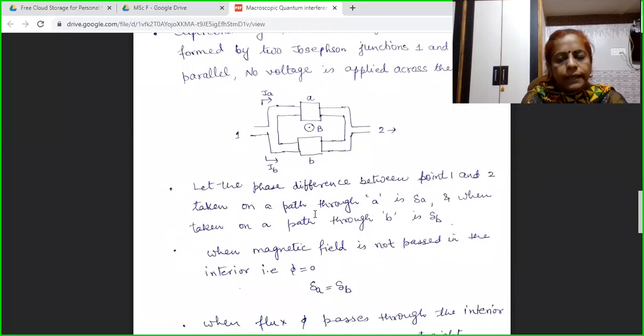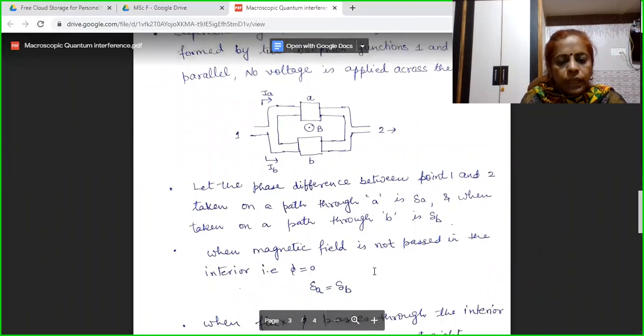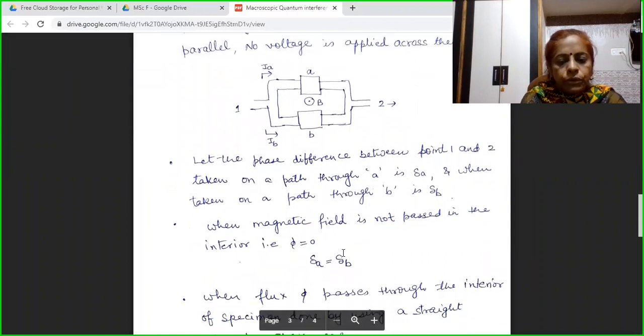That means no magnetic field is passed, hence magnetic flux will be zero. So flux is zero. That means the phase difference across these two junctions will be the same. Delta A will be equal to delta B.